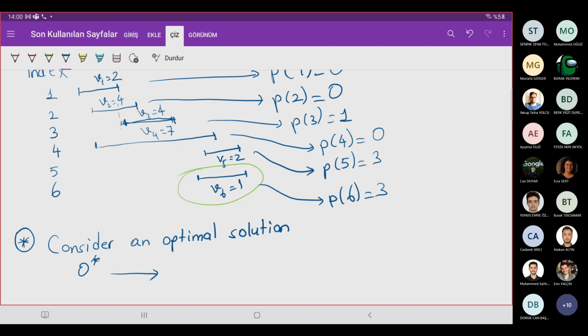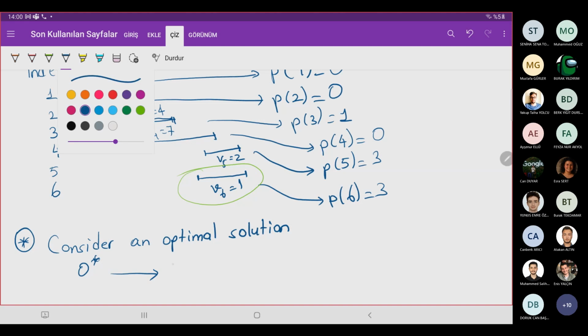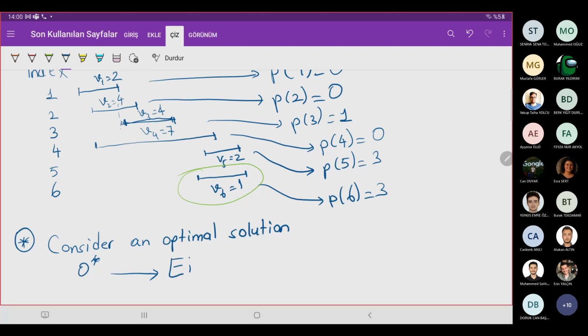Okay. For example, let me write it and then I will explain it in this figure again. Either interval n belongs to O star or it does not.